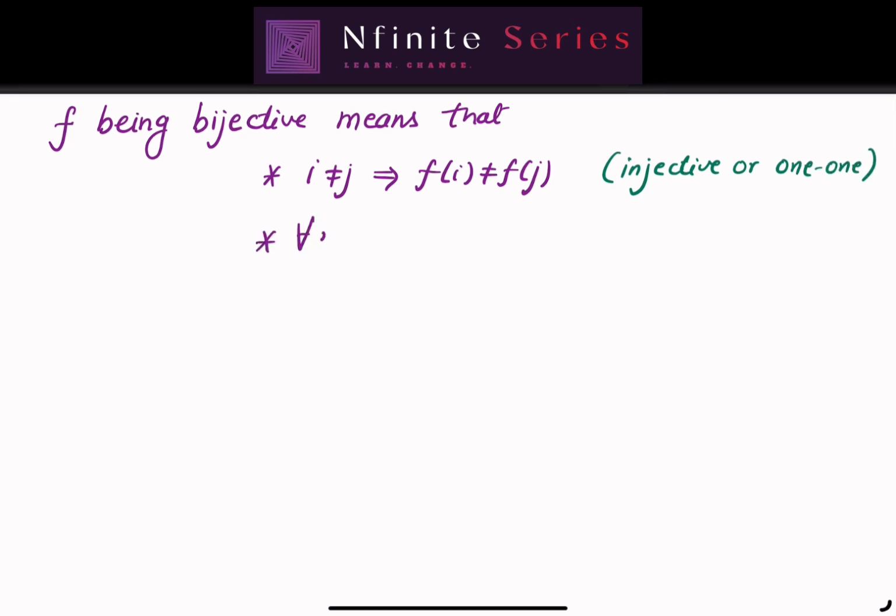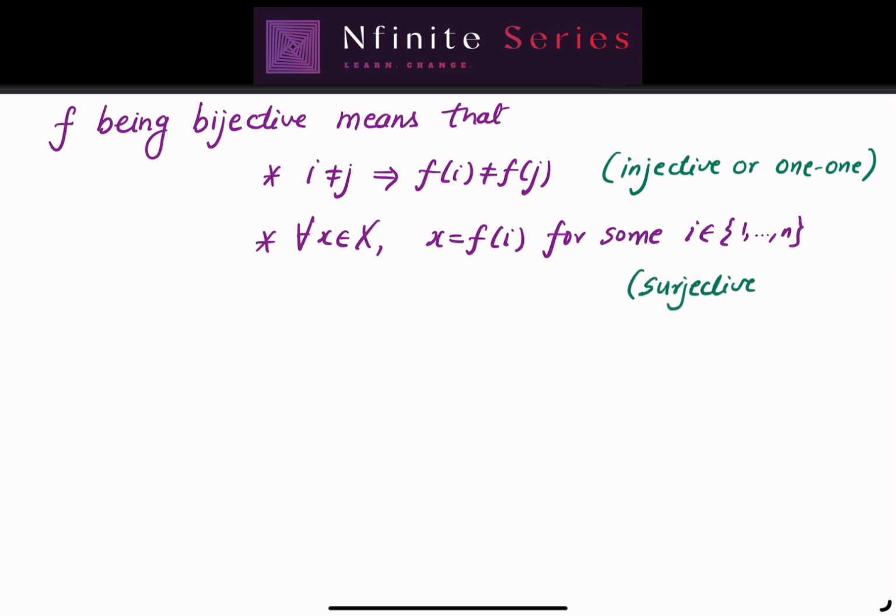And the second property is that for every x in X, x should be of the form f(i) for some i in the domain of the function, here 1 up to n. This property is called surjection, or the surjective property of the function, or ontoness.